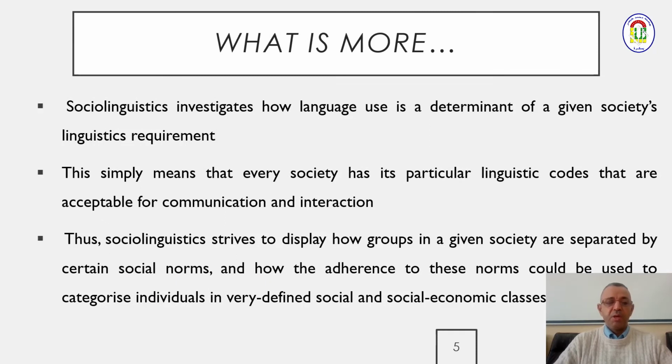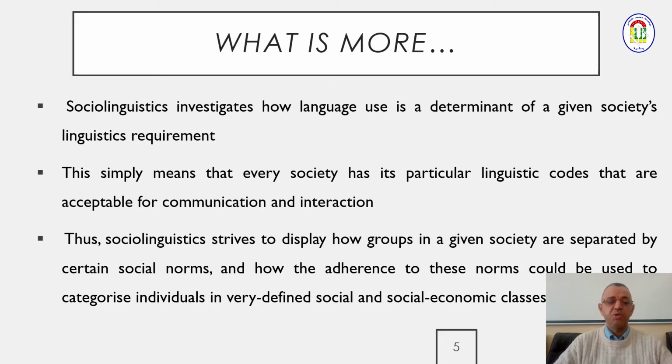What is more, to summarize, social linguistics investigates how language use is a determinant of a given society's linguistic requirements. This simply means that every society has its particular linguistic codes that are acceptable for communication and interaction.